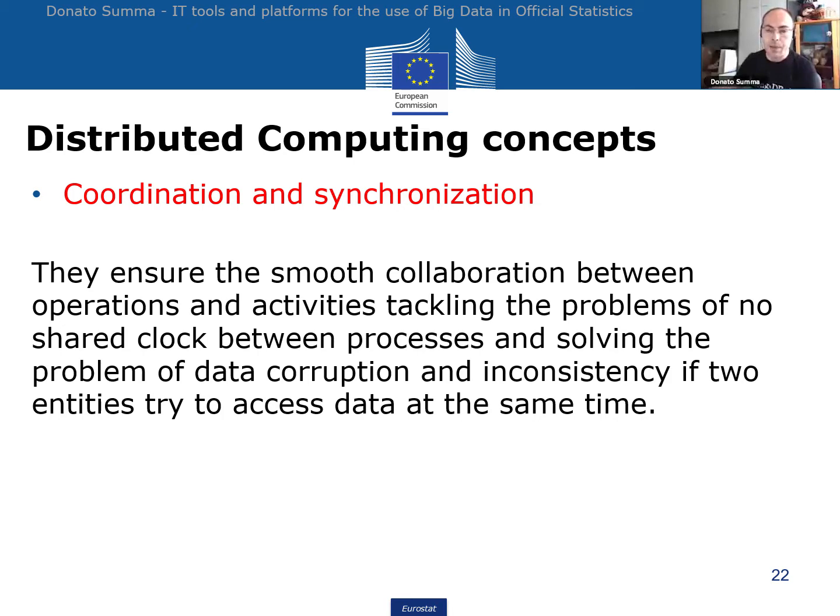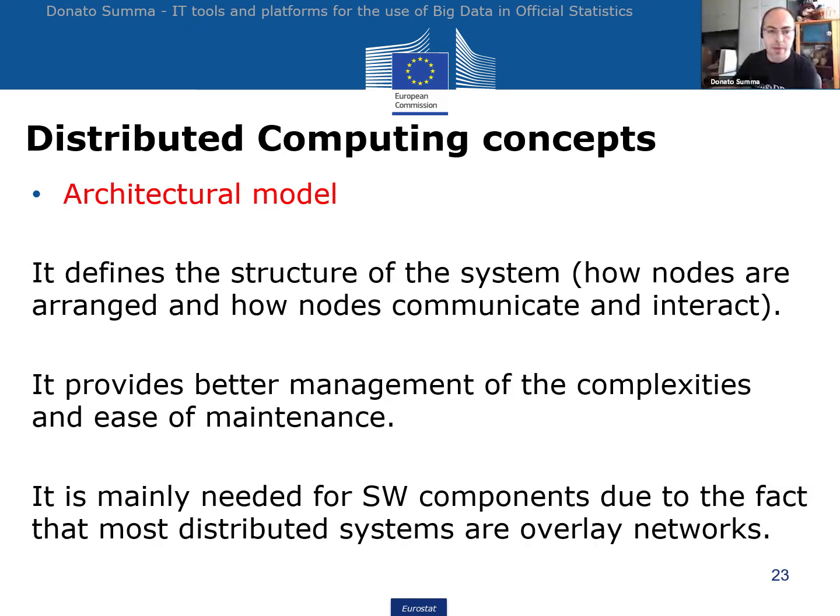So let's move on with the next concept, the last one about distributed computing that I want to point out, the architectural model. The architectural model defines the structure of the system. So, for example, how nodes are arranged and how nodes communicate and interact. It provides better management of the complexities and ease of maintenance.